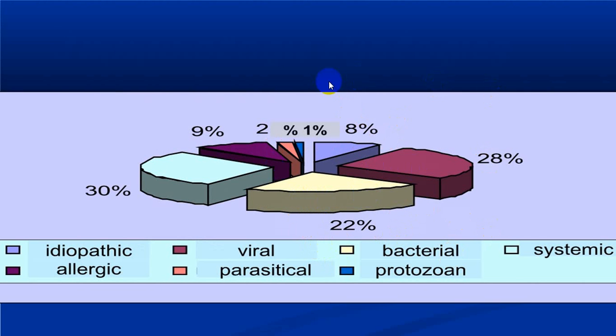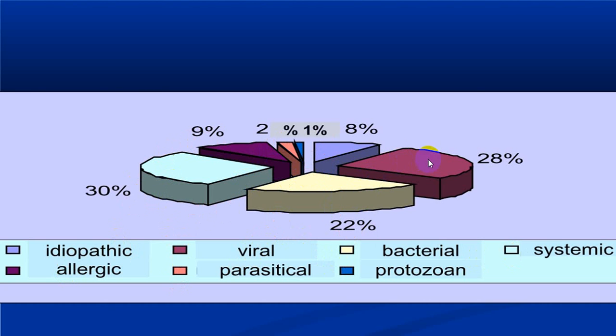If you look at it percentage wise: bacterial is 22%, systemic causes 30%, allergic 9%, parasitic 2%, protozoal 1%, idiopathic accounts for 8% and 28% is viral.